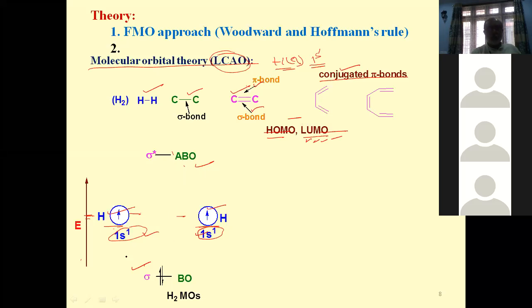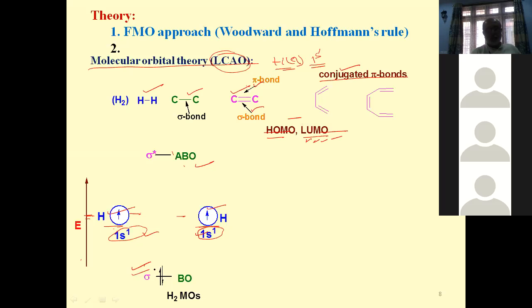Now the electrons will occupy these orbitals, and the occupation follows all the rules governing the filling of electrons in atoms. First is the Aufbau principle: the lowest energy orbital will be filled first. So this becomes lower, so it is coming here.